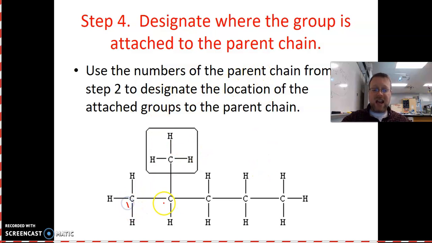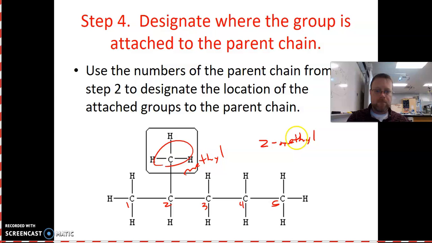And since that attachment is attached to the 2nd carbon, the name of this molecule is going to be 2-methyl-pentane.